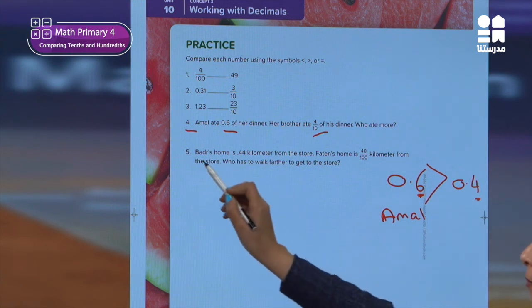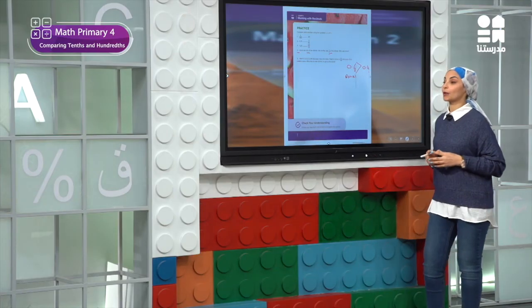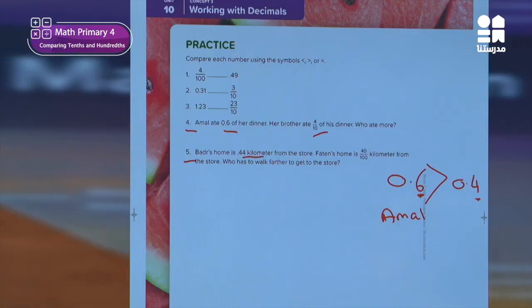Let's see problem number 5. In problem number 5, we know that Badr's home is 44 hundredths kilometer away from the store, like you see here. And Fatin's home is 40/100 kilometers away from the same store, like you see.